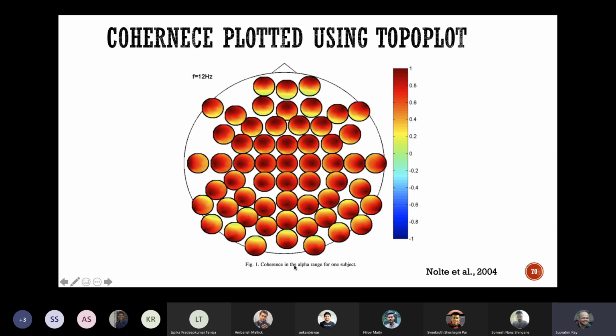Okay, so this is the topo plot of topo plots of coherence in the alpha range for one subject. This is just a way of displaying data. And whichever electrode you look at as the seed, coherence is quite high in the nearby electrodes.